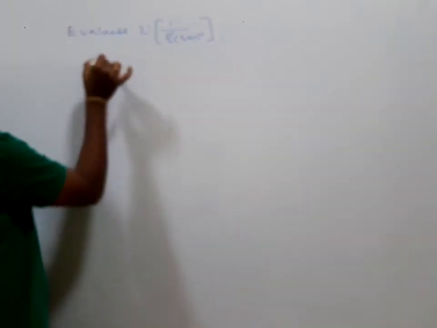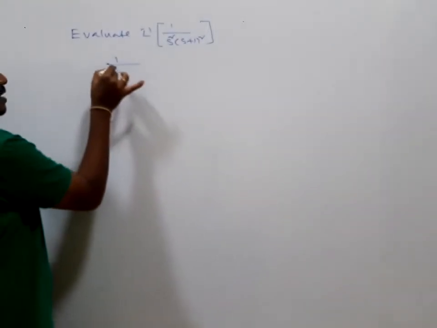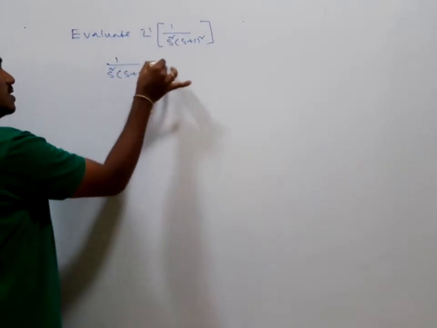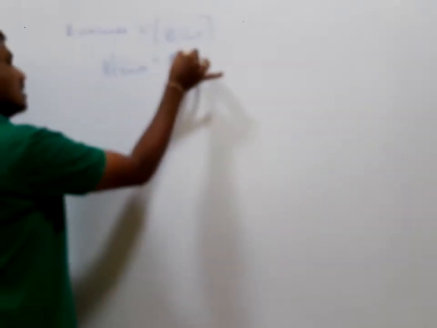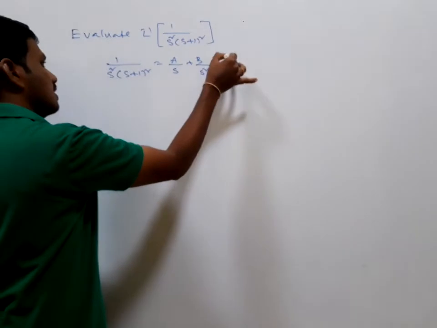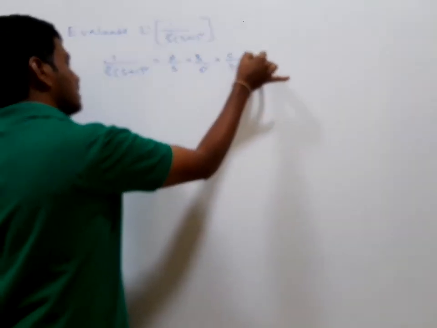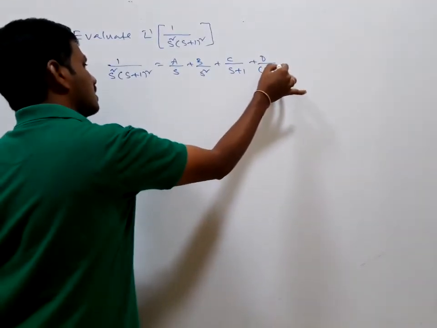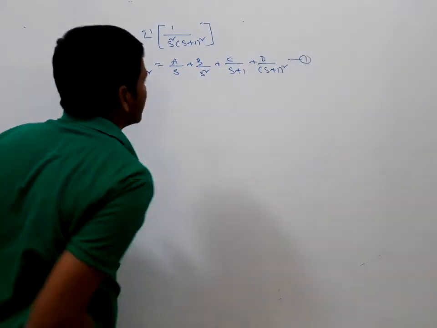First I am decomposing into partial fractions, then taking the inverse Laplace transform. 1 divided by s square s plus 1 whole square is equal to a divided by s, plus b divided by s square, plus c divided by s plus 1, plus d divided by s plus 1 whole square.